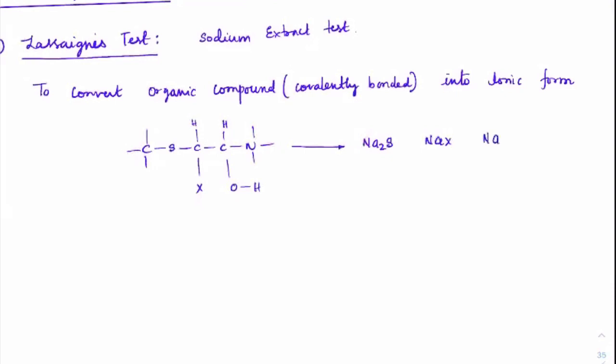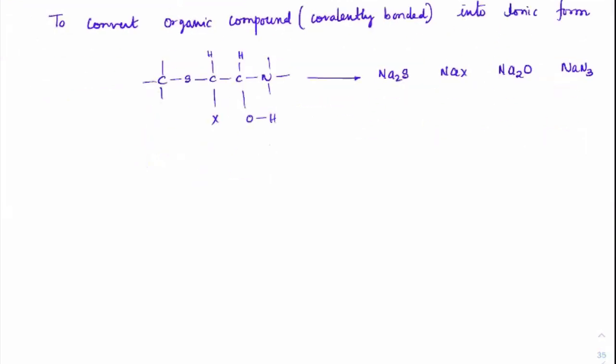If we have oxide, we should get Na2O. If we have nitride, we should get NaN3, which is sodium azide. So this is what we are expecting, to get all the sulfur, halogen and these elements into this particular ionic form. So how do we prepare this sodium extract?